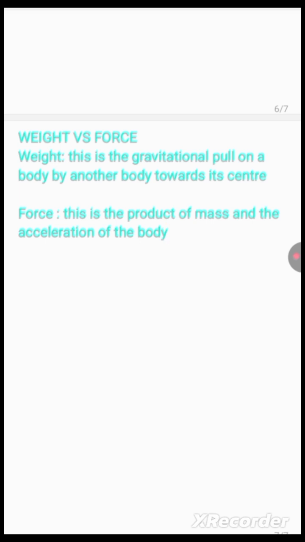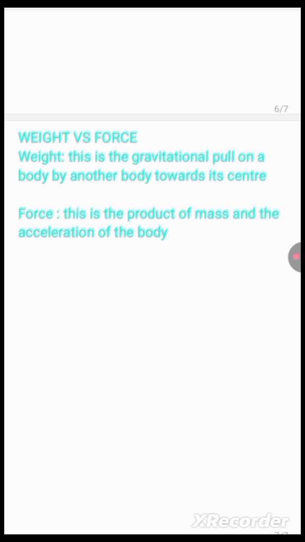Weight is the gravitational pull on a body by another bigger body towards its center. Force is the product of mass and the acceleration of a body. Although they have the same units, they are very much different.